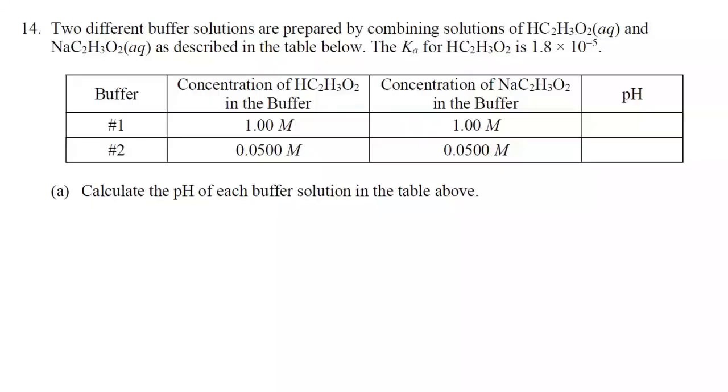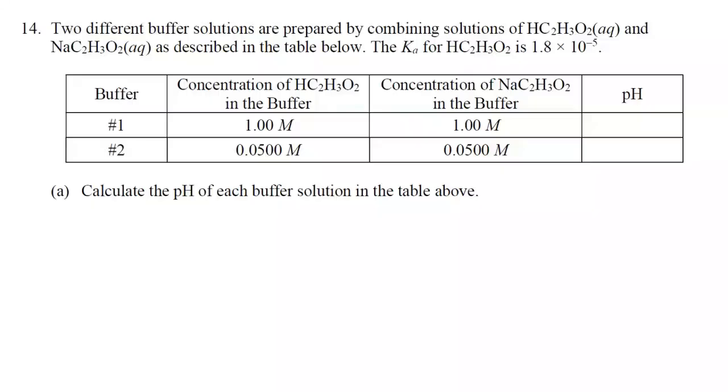So for buffer number 1, the concentration of acetic acid is 1 molar, and the concentration of sodium acetate is also 1 molar. For buffer number 2, the concentration of acetic acid is much smaller, it's 0.05 molar, and the concentration of sodium acetate is also that same smaller number of 0.05 molar.